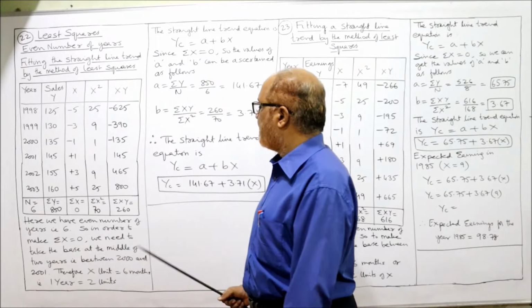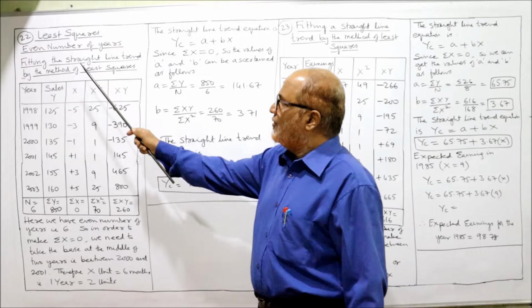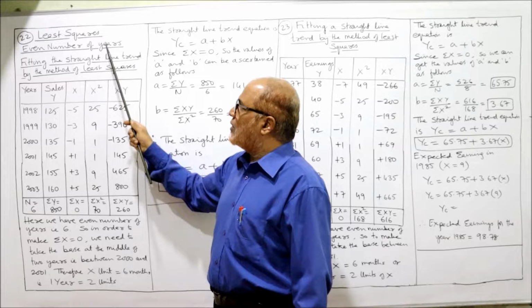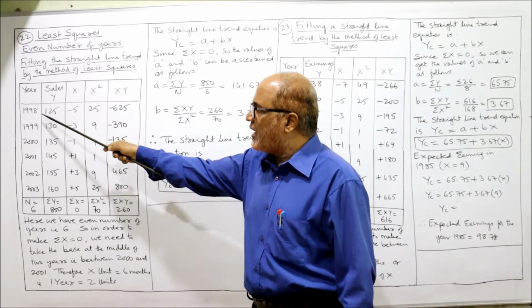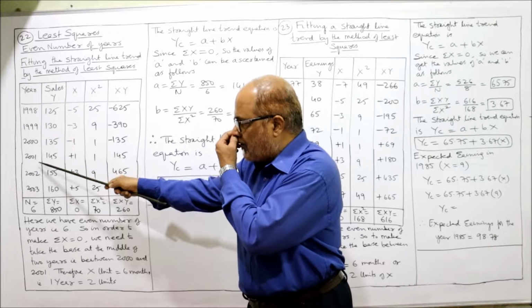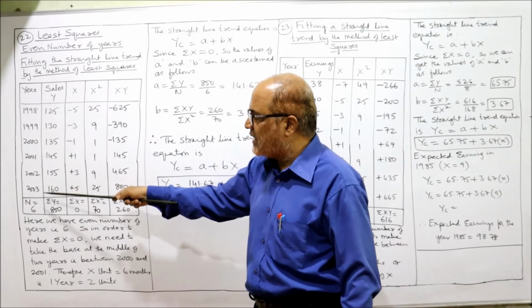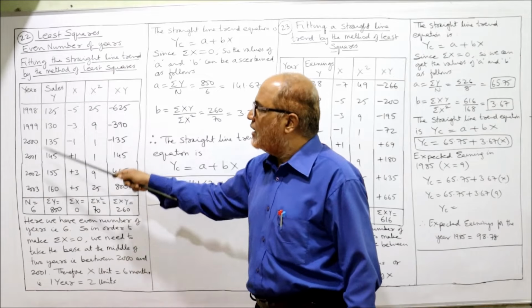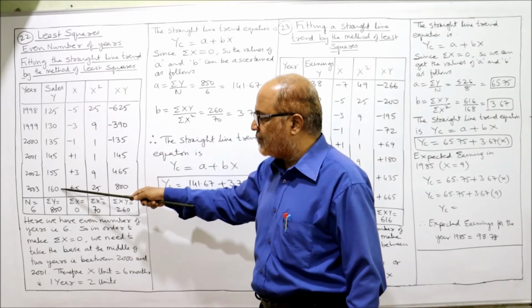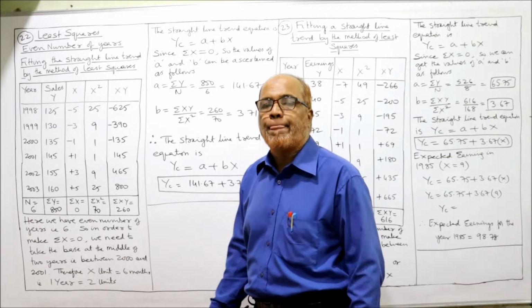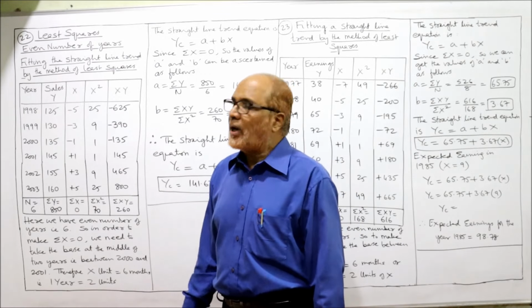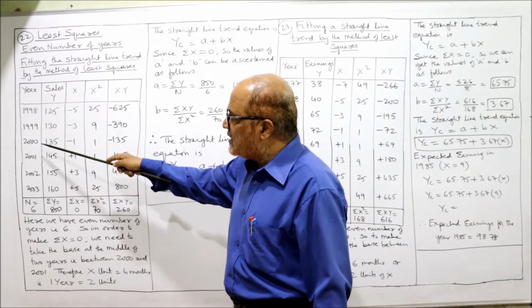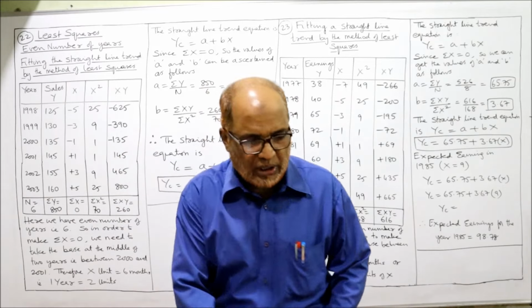Now see carefully. Least squares, even number of years, fitting the straight line trend by the method of least squares. Years 1998, 99, 2000, 1, 2, 3, in sequence, 6 years. Sales are given for every year. Summation y is equal to 850. Now we have to take the center as the base year. Which is the center here? It is in between 2000 and 2001.